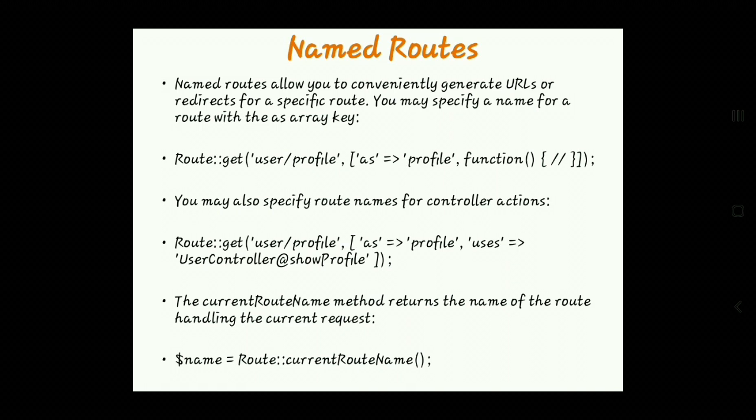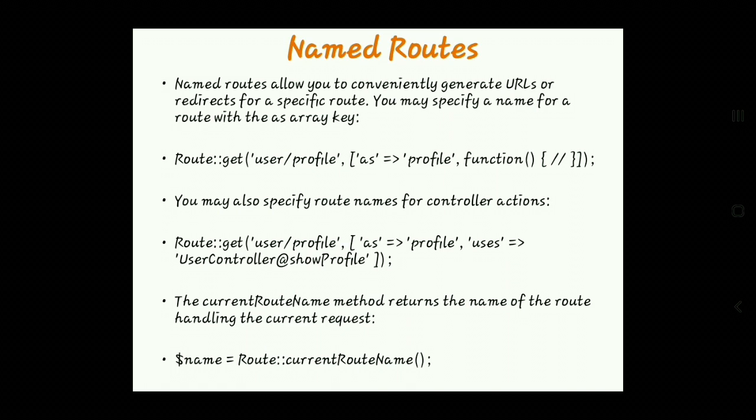You must also specify the route name for controller actions. Route get user profile has the name profile and uses the user controller and show profile. So this one uses a controller action.